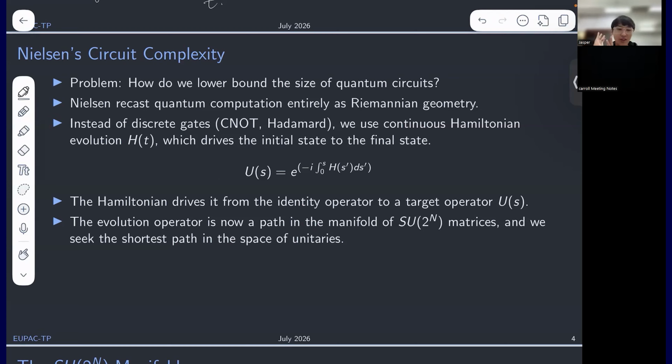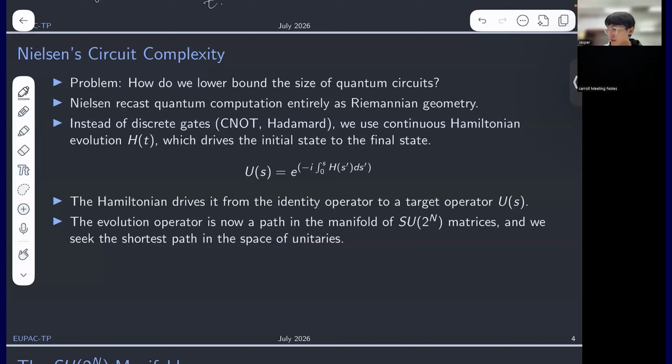Their idea was to recast the entire problem into some kind of Riemannian geometry. From this geometry, what we need to do is find the shortest path, and the length of this path is defined as the complexity. But this definition has some shortcomings, such as some arbitrariness. We'll come to it when we get to it.